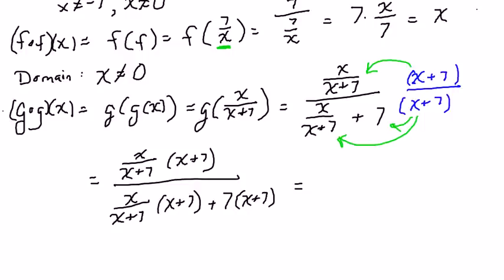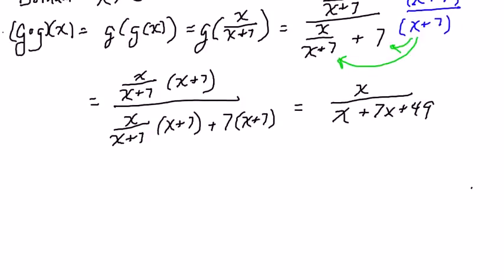So x over x plus 7 times x plus 7 gives just x. So the x plus 7's cancel. And then we have a 7 times x plus 7, so 7x plus 49. So the composition is x over 8x plus 49.